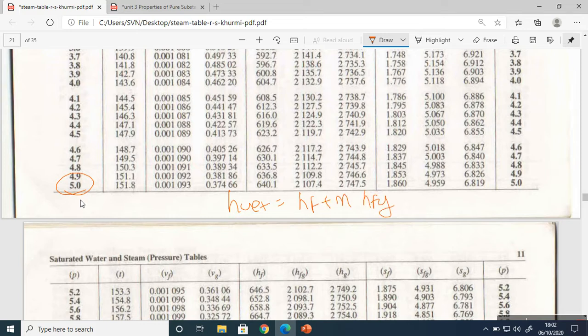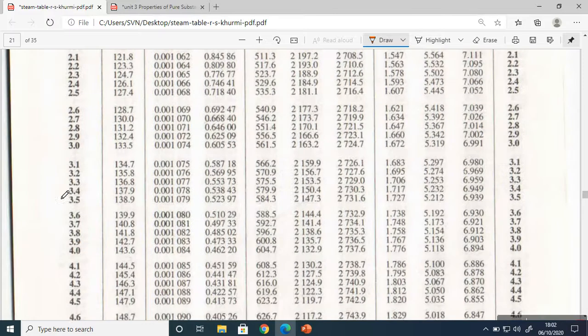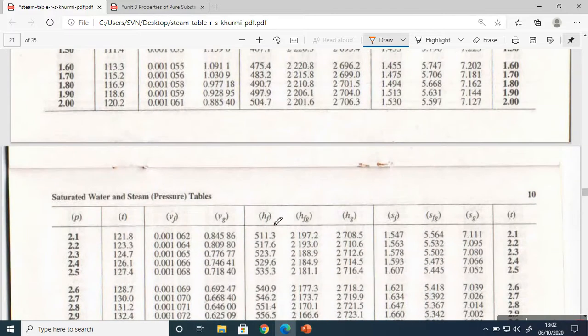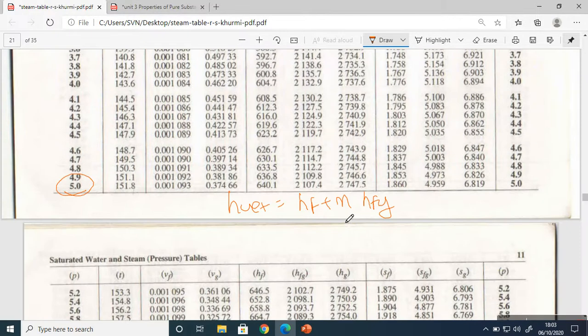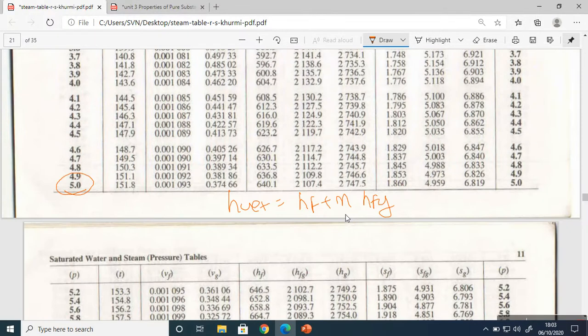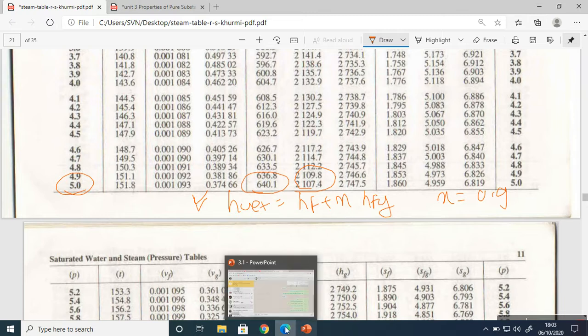Under 5 bar we get the values: first hf, hfg and hg. We can directly get the value of hf and the value of hfg here, and the given x is equal to 0.9. Then we calculate the enthalpy of wet steam under 5 bar, and the net heat we just subtract. Now see the answer here.